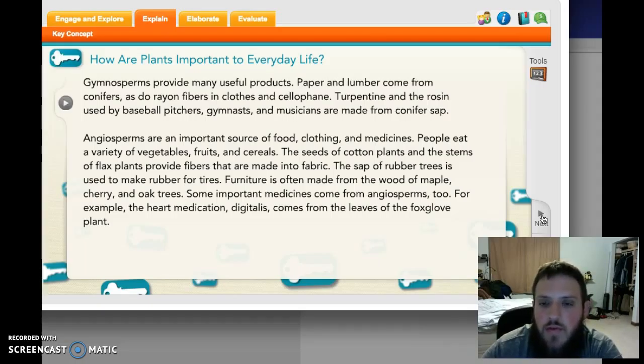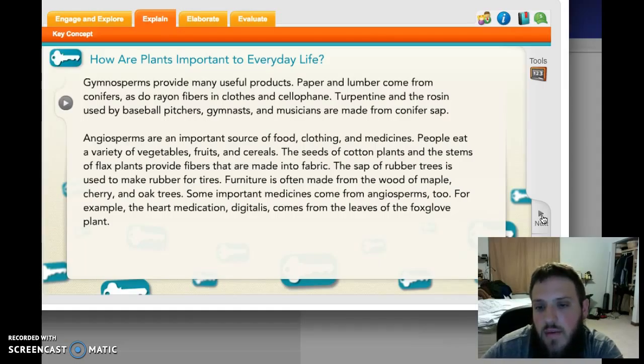The sap of rubber trees is used to make rubber for tires. Not so much anymore, but initially it was. Furniture is made from maple, cherry, and oak trees. Also, the walls of your house, for instance, are generally made out of pine timber. Furniture is often made from the wood of maple. I already said that. I apologize.